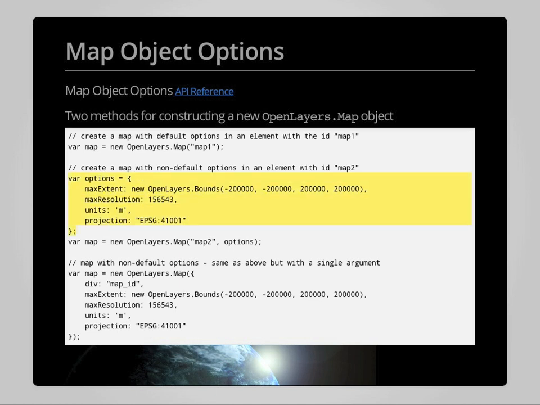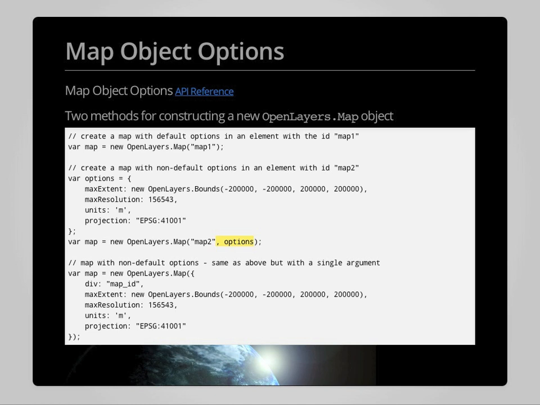This list of options is assigned to a variable called options, which you can then use when you create your new map object. Here, the syntax is very similar to the first example we saw, with the addition of there now being this second parameter that is provided as a part of the OpenLayers map creation command.